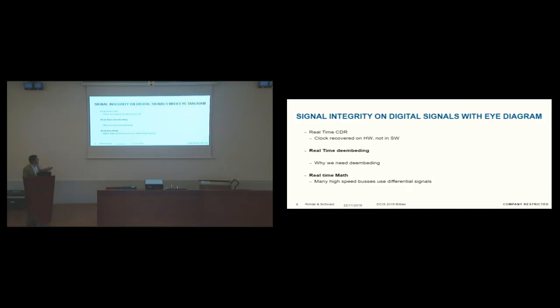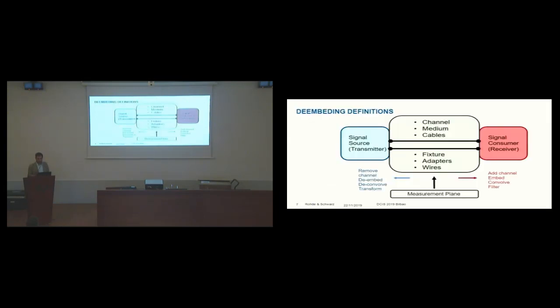But now let me explain about de-embedding. Why am I talking about de-embedding? Why is it important? Why do we need de-embedding? In every transmission, we always have the signal source, the transmitter, and the receiver.